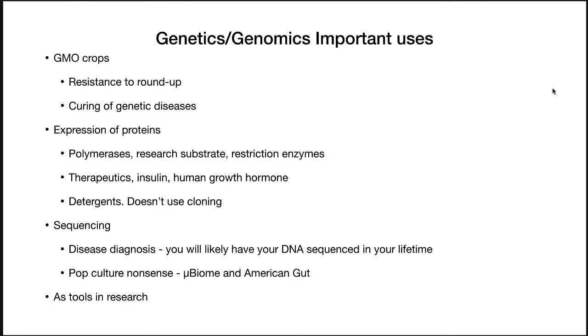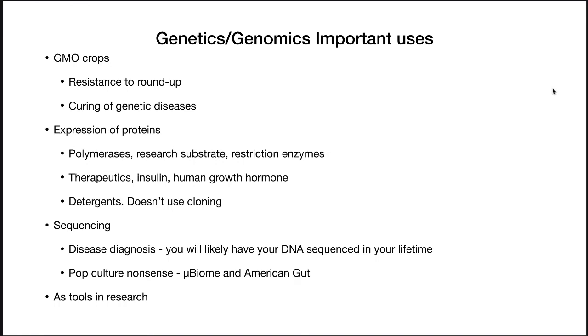There have also been some interesting projects coming forward. One of them was uBiome, which was kind of pop culture nonsense. In that case, they were determining people's microbiomes and then making a bunch of dubious predictions about what that means. Another one that really isn't nonsense is the American Gut Project, where anybody can send in a sample, they will then sequence it and tell you what's in your gut microbiome.